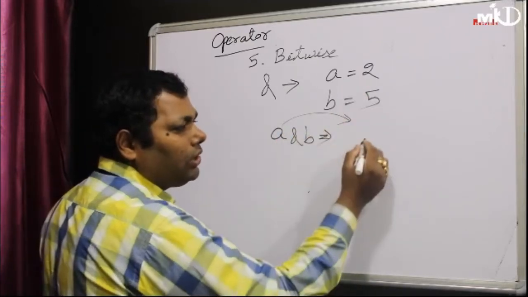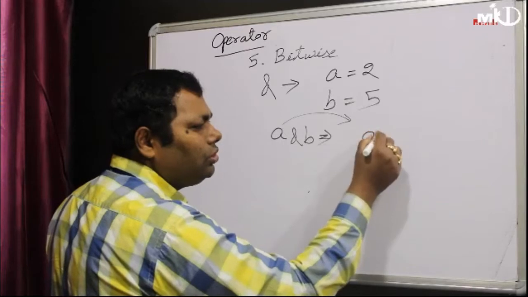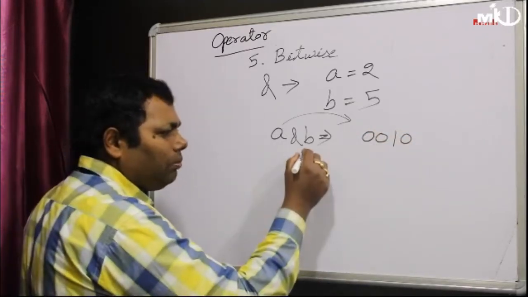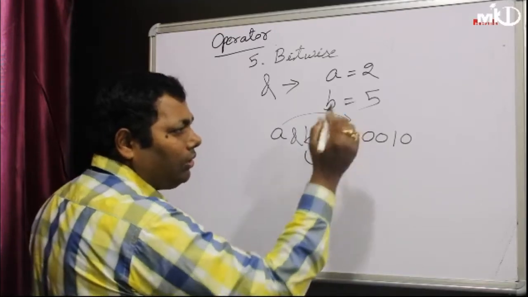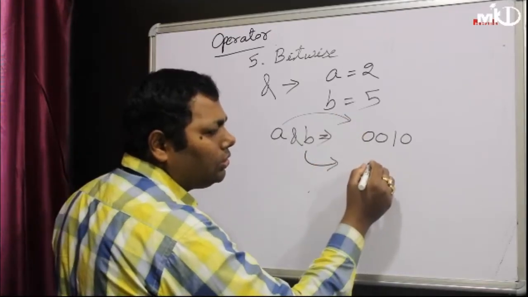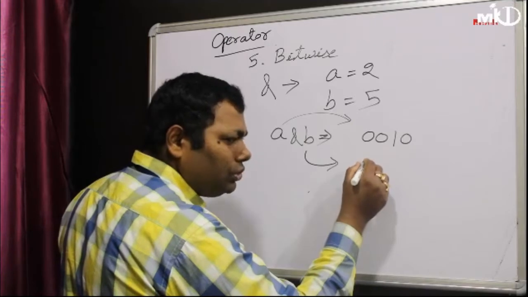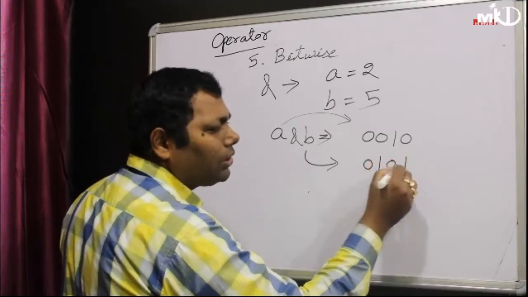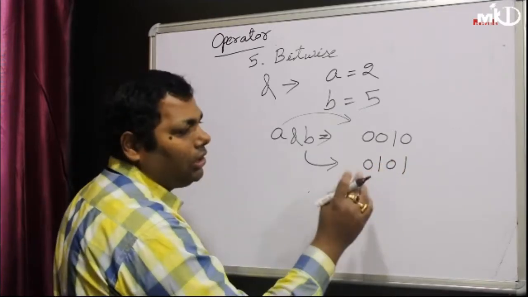So 2 will be 0 0 1 0. Then convert B to binary. 5 will be 0 1 0 1. Clear?